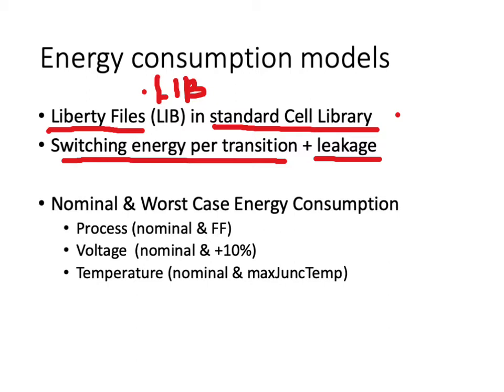Besides, the values for the switching energy, the leakage, and the timing are associated with specific PVT situations. So the .lib file will have to define each of these values under, let's say, a nominal process, a nominal voltage, and nominal temperature, or it could be a fast NMOS, fast PMOS process at a plus 10% supply voltage, at the maximum junction temperature.